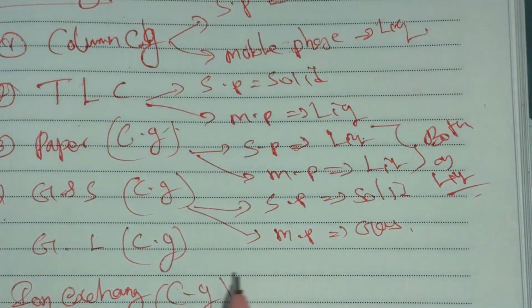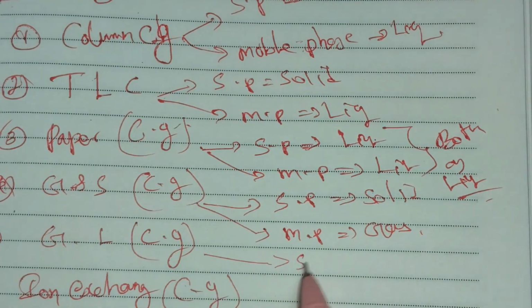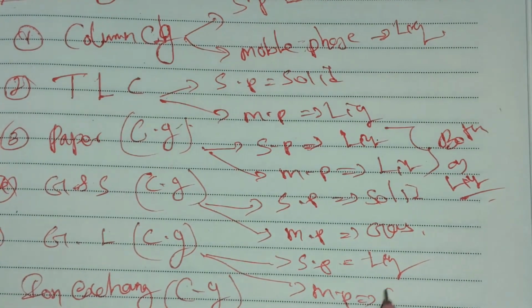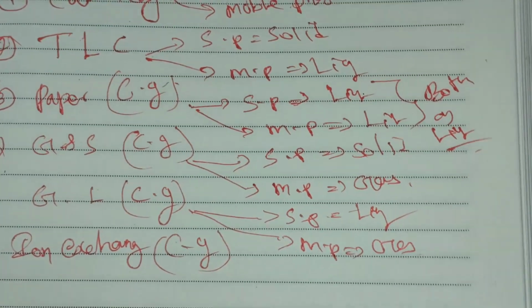In gas liquid chromatography, the stationary phase is a liquid and the mobile phase is a gas.